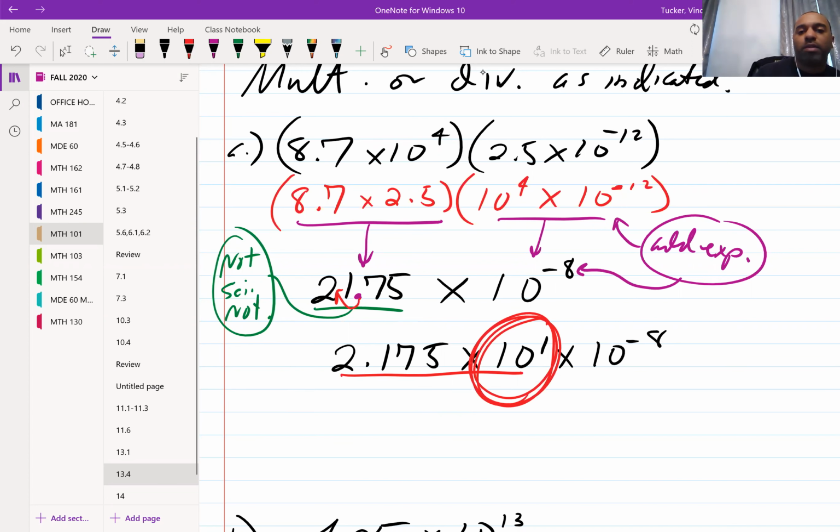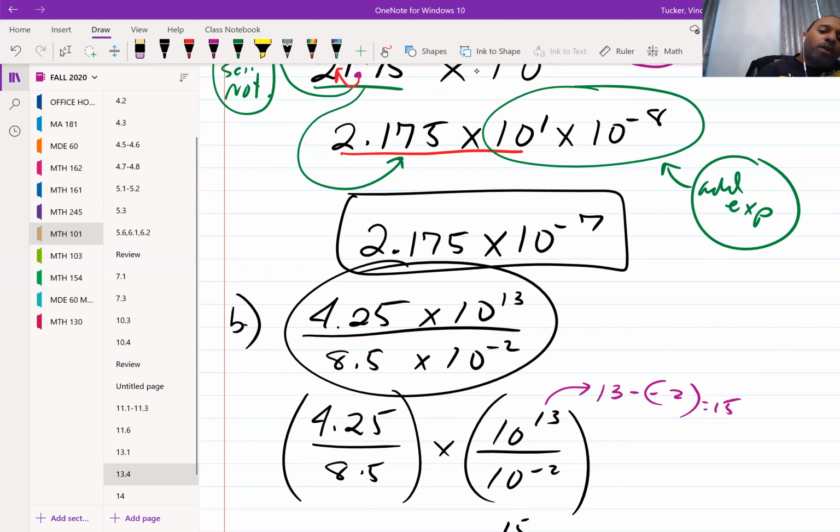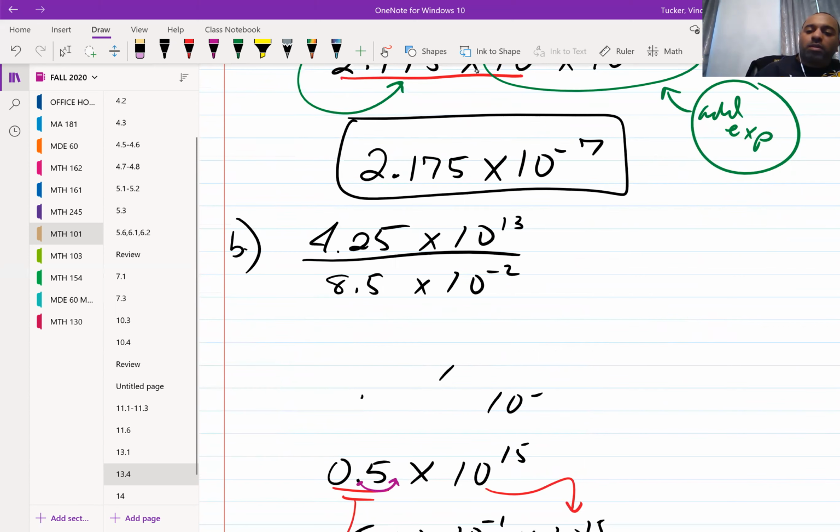All right. So I think this is the last one, yep, before the section ends. So now we're looking at 4.25 times 10 to the 13th power over 8.5 times 10 to the negative second. All right, so we're going to break this up: 4.25 over 8.5, 10 to the 13th over 10 to the negative second.